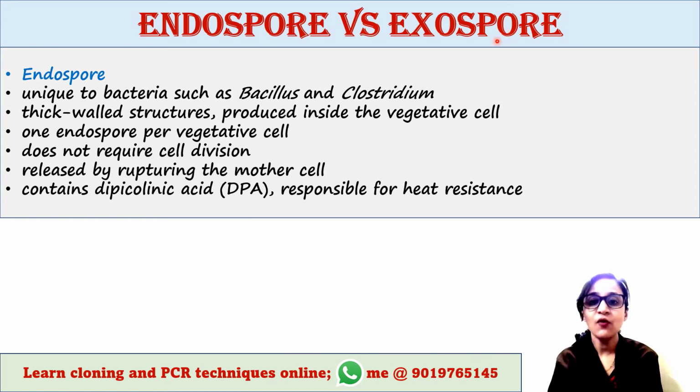One endospore is formed in one vegetative cell. Endospore formation does not require cell division. Endospores are released by rupturing the mother cell. Endospores contain dipicolinic acid or DPA, which plays a possible role in the heat resistance of endospores.